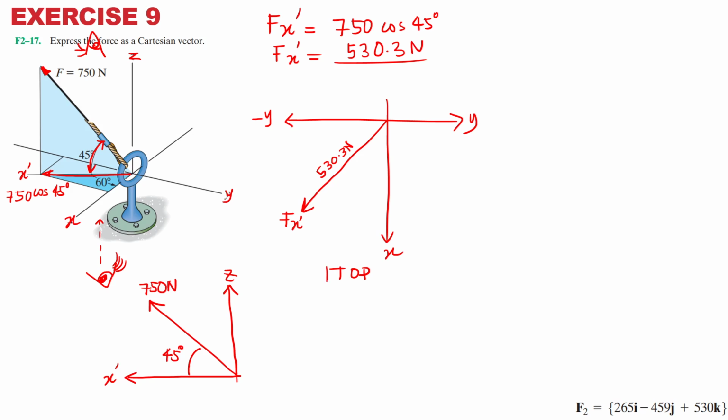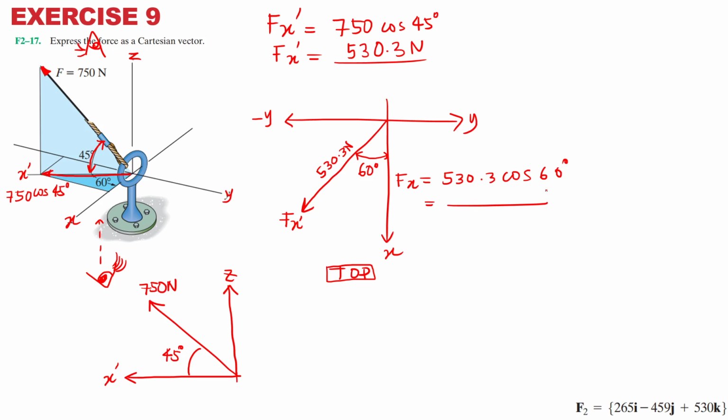Now this is the one, looking from the top. Since you know this is 530 and you know there's an angle here, and the angle is 60 degrees, you can find out this one, Fx. So Fx, which is here, is 530.3 cos 60 degrees.